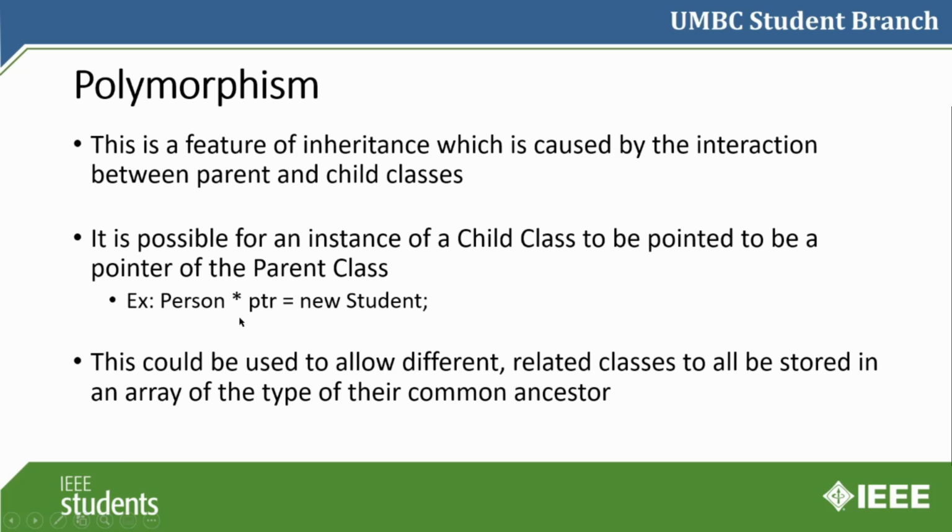One big use for this is that you can store instances of various sibling classes, for example, in an array for a parent class, or you can store different classes in an array for one class, so long as that class is a common ancestor of theirs. There is a lot more to this, but for time's sake, we're not going to be going into it.